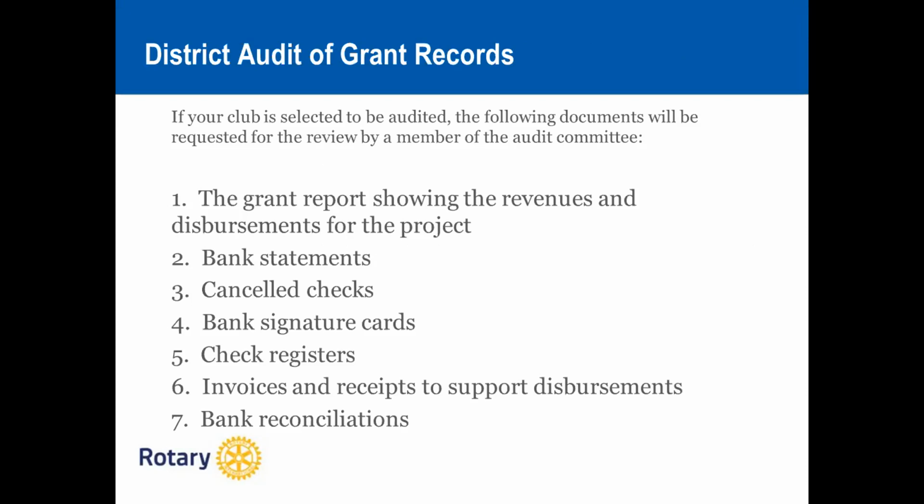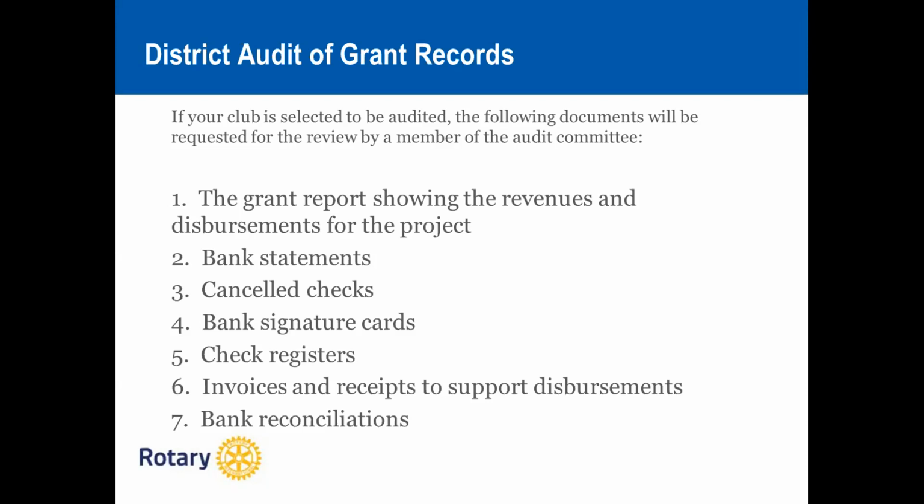The district is also required to conduct an audit of grant records as part of our stewardship responsibilities. Past District Governor Ron Young is currently head of the audit team. And Naomi has put together for the treasurers a list of what the audit team will be looking for when they come in to audit your documents for your grants.